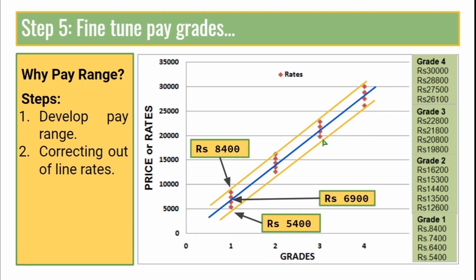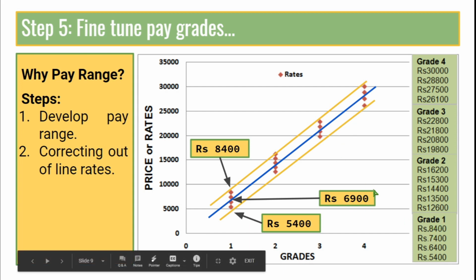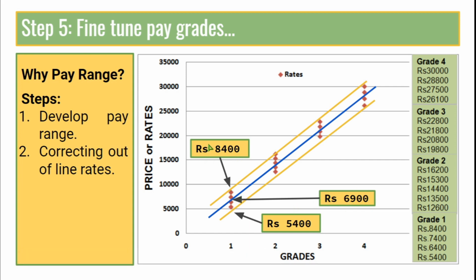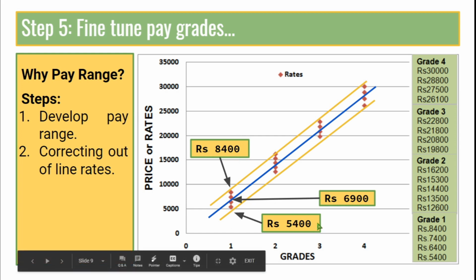For your reference, for grade 1, the average pay rate is 6,900, and the highest grade pay is 8,400 and the lowest in grade 1 is 5,400. Both are nearly 20% above and below the average pay rate respectively.